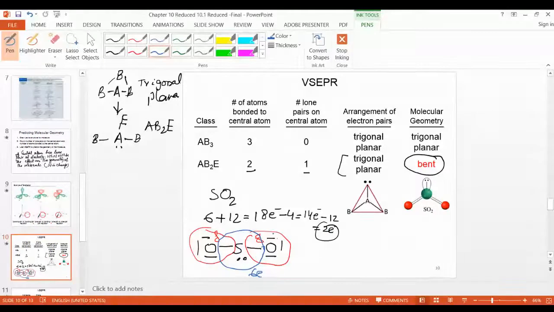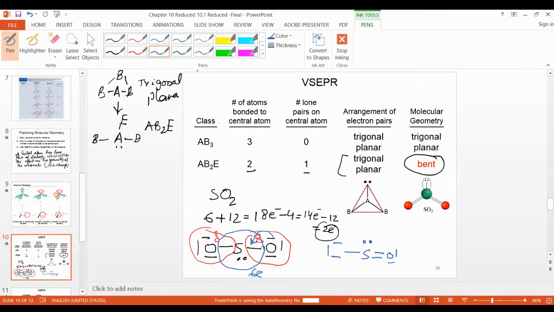So we have to transfer electrons from oxygen, any one of the oxygens, to the sulfur and make a double bond. So we make a double bond between sulfur and one oxygen, with 4 electrons here and a single bond on the other, and the oxygen has the same 6 electrons, and this is 1 lone pair on sulfur.